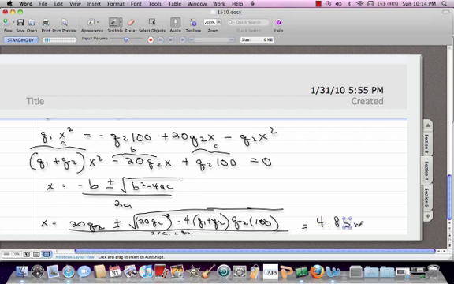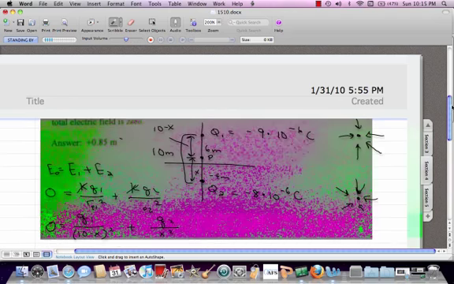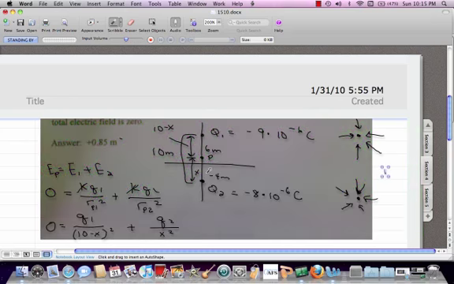That would be x, and then that would be the position P. So that's what you would get. This would be x from here to our point P, so it's going to be 4.85, and once we subtract off 4, we get to the x-axis, and so we know our position P would be at 0.85.